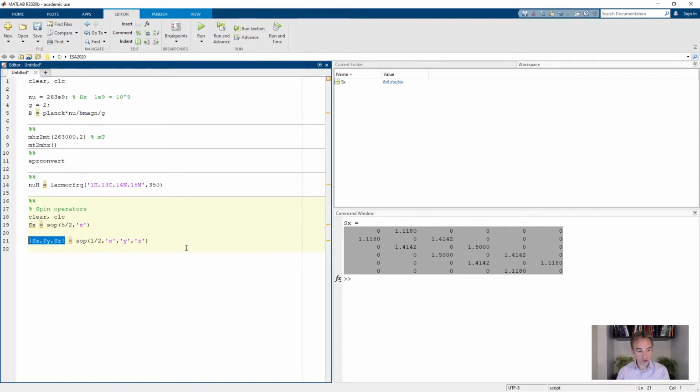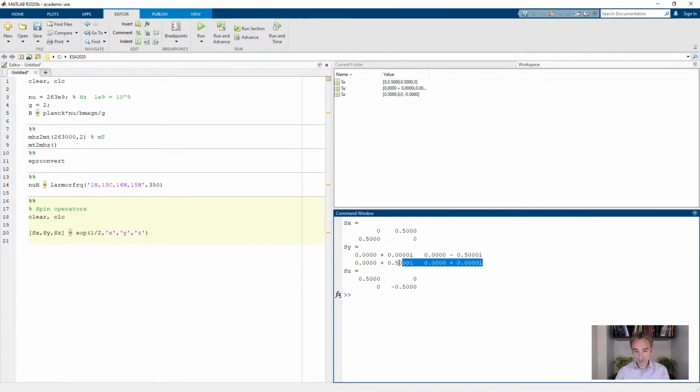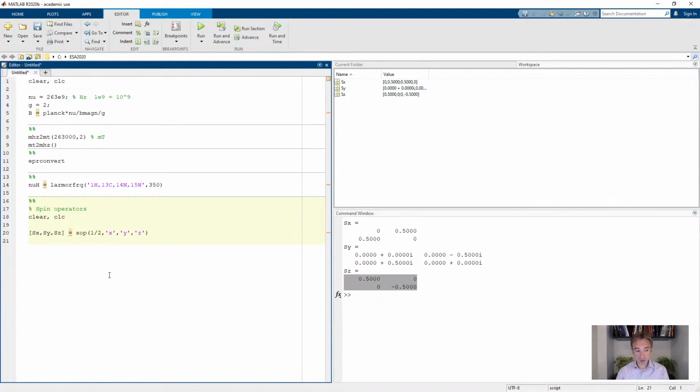You just have to make sure you assign as many outputs to pick all those operators up after SOP has calculated them. So let's run this. Maybe we can delete this again. And there you get all three operators, SX, SY, which is purely imaginary, and SZ. So this is how spin operators work for a single spin system.